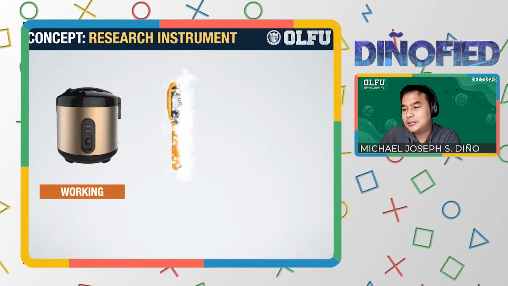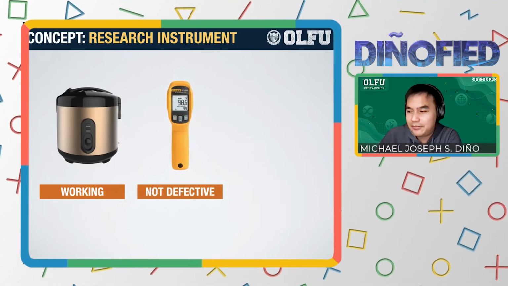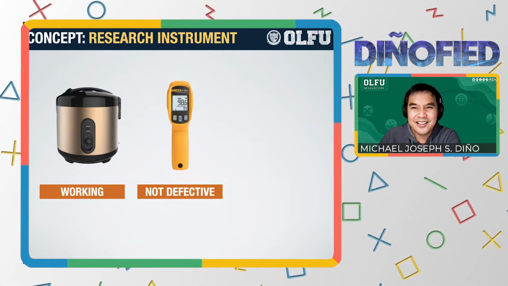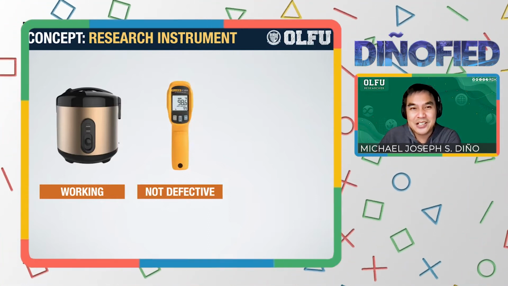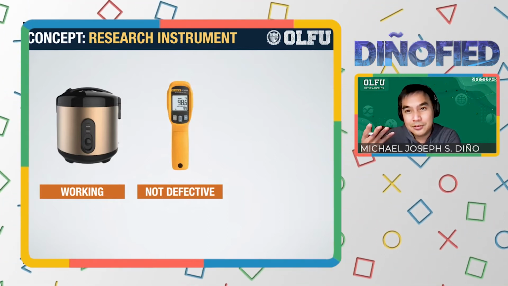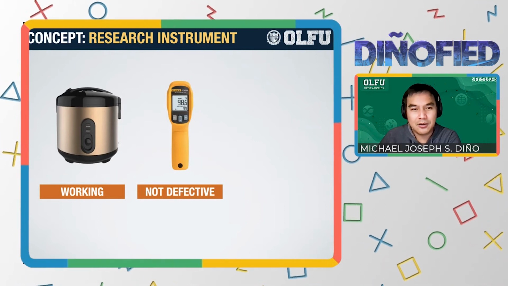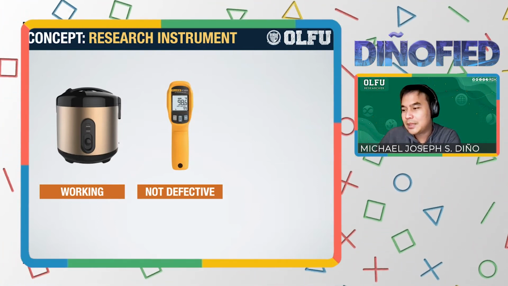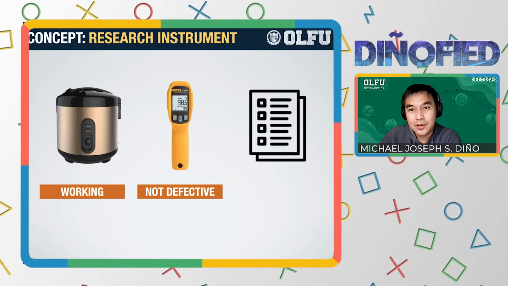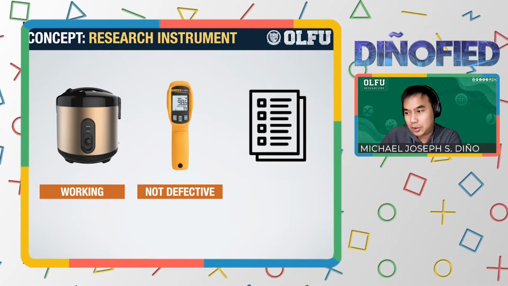Can I also check if it is not defective? Right? So when I buy something, once the product arrives, I check if it is working or defective.